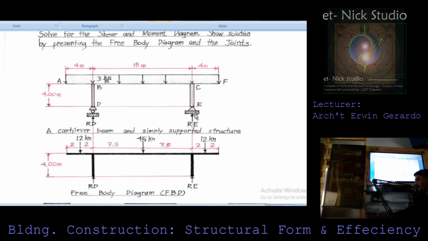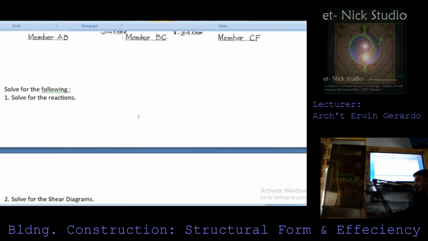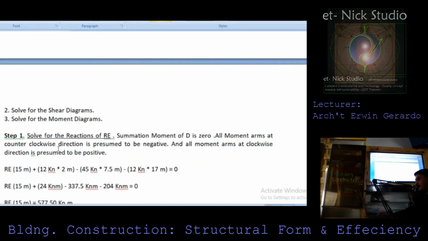RE is the reaction under strut E. When you say RD, this is the reaction at strut D. That is why here we have denoted it as step 1, reaction under strut E.